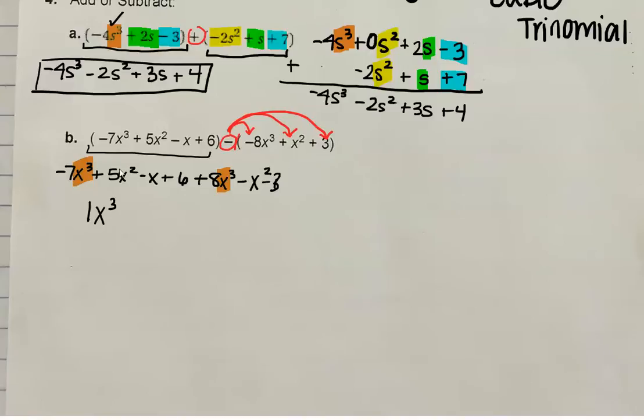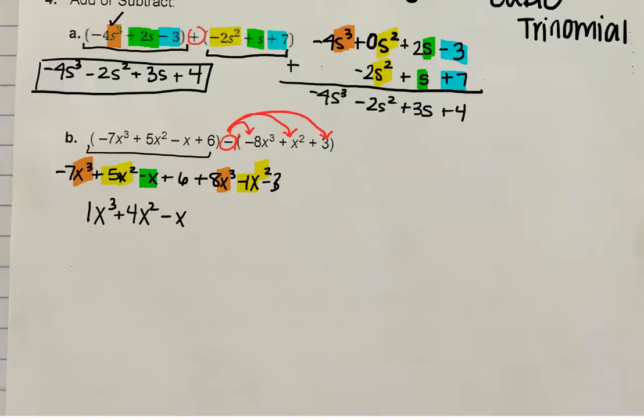So here we have 5x squareds and a negative x squared. So 5 minus 1 is 4x squared, right? Because you could think of this as a minus 1x squared. And then the x's, negative x, there is no other x's, so I'm going to just put it right there. There's nothing to add or subtract to that.